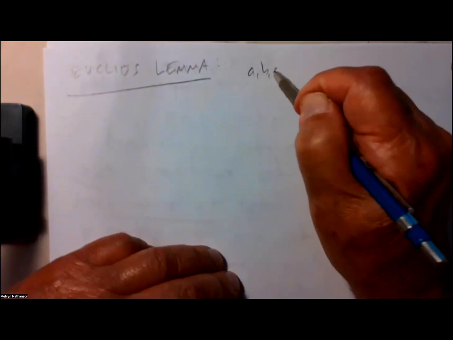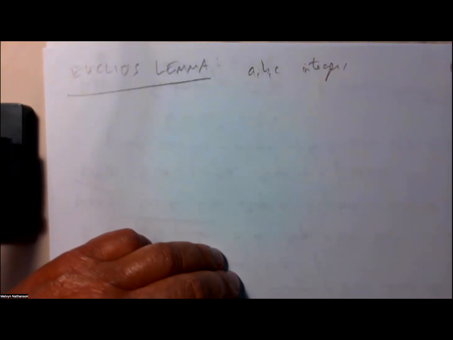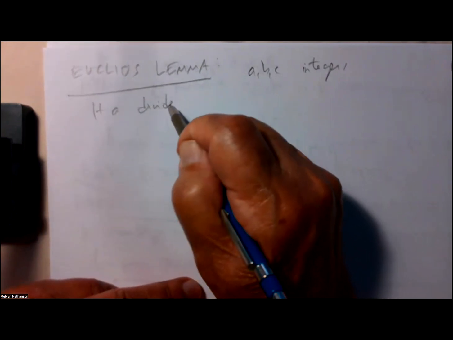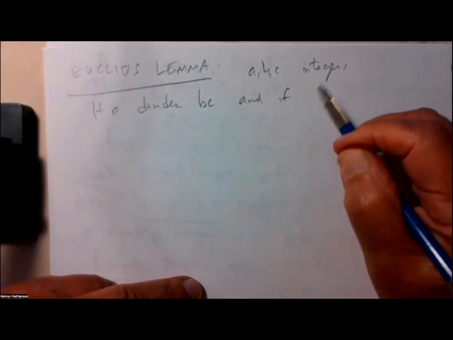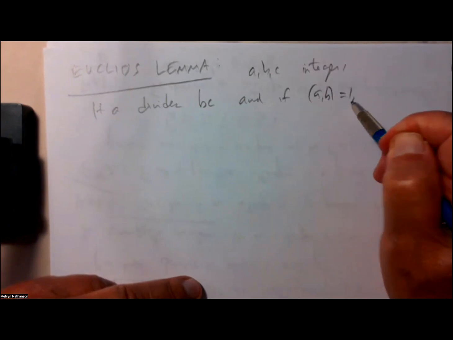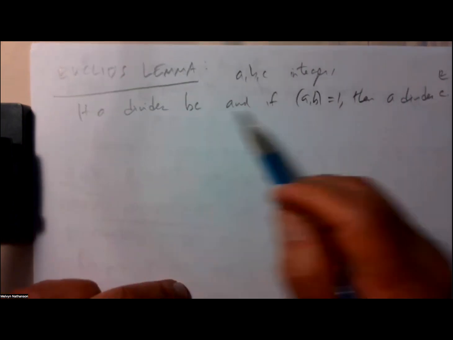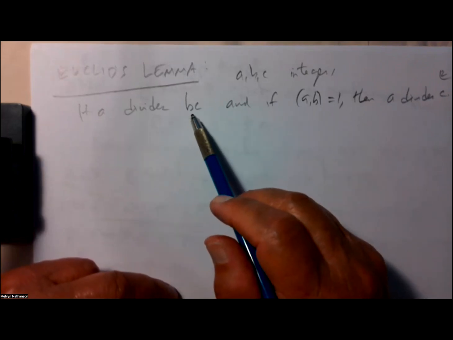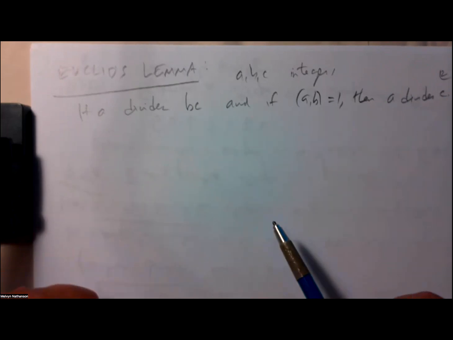We have A, B, and C integers. If A divides the product B times C, and if the greatest common divisor of A and B is 1, then A divides C. So A divides this product, but it's relatively prime to one factor, so it completely divides the other factor.